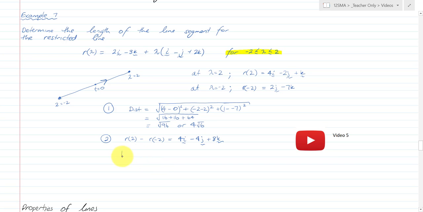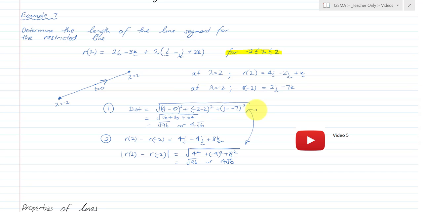The distance of R2 minus R negative 2 is just equal to the square root of 4 squared plus negative 4 squared plus 8 squared, which is equal to root 96 again, or 4 root 6. You'll see that these processes are the same, just a different order of doing it, but essentially the same process.